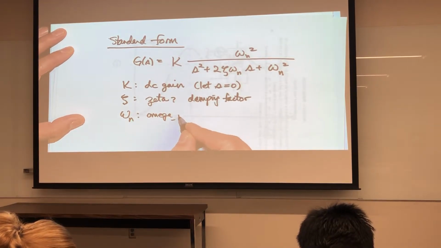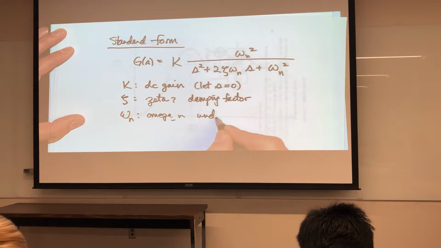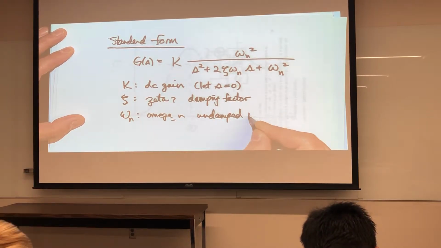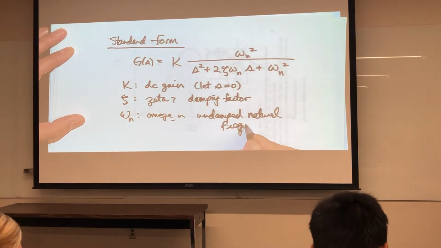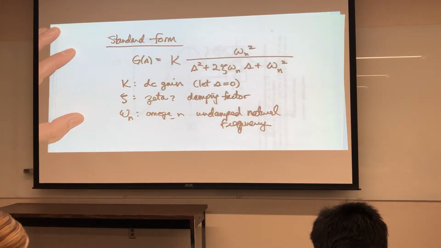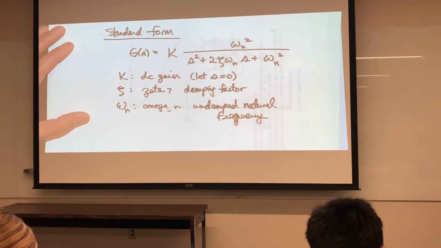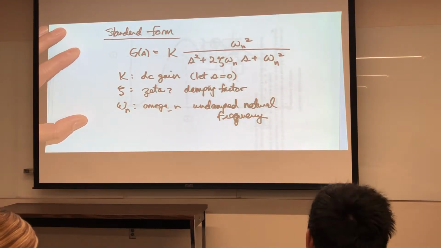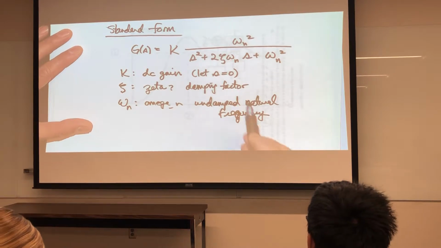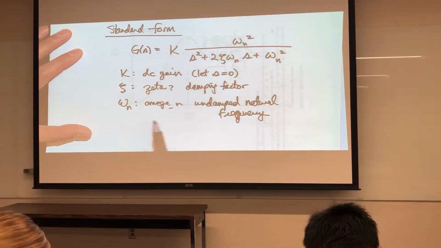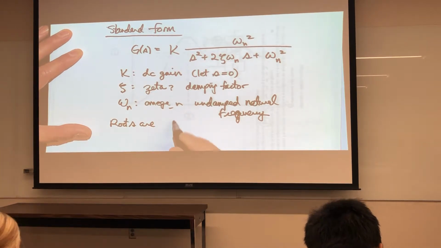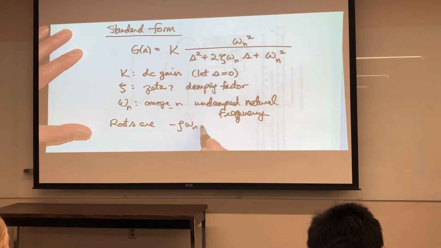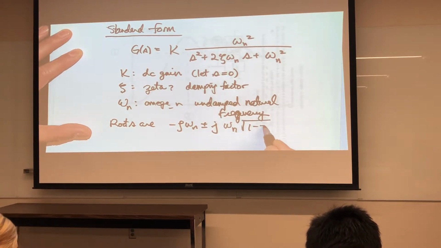Okay, that's this omega. Omega underscore n. Okay, this is the undamped natural frequency. Now, from this standard form, it turns out if you plug this into the quadratic formula and work with the coefficients, the roots are negative zeta omega n plus or minus j omega n times the square root of 1 minus zeta squared.